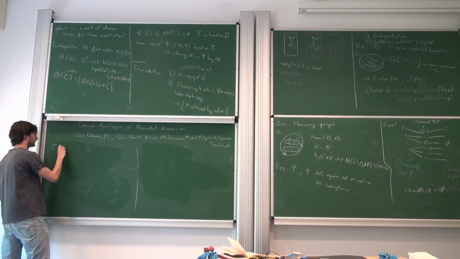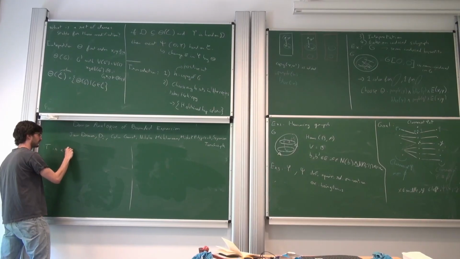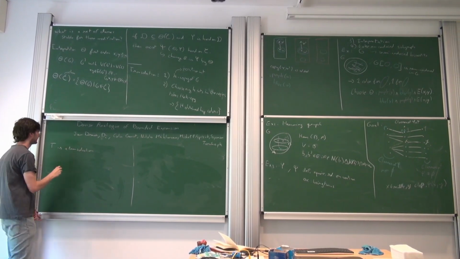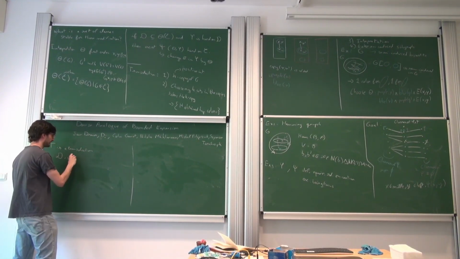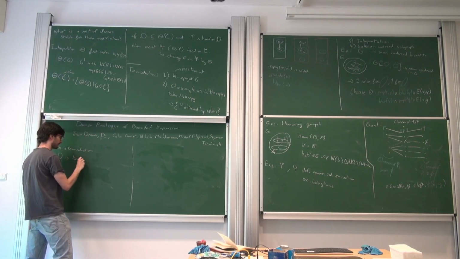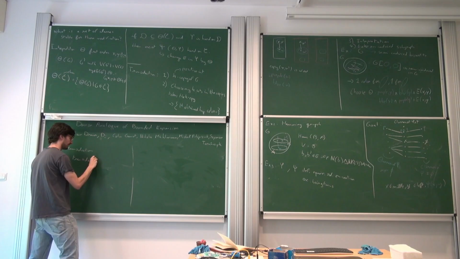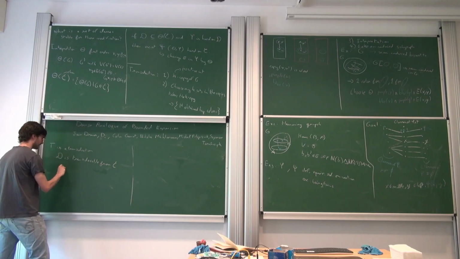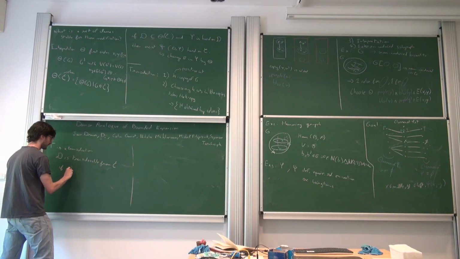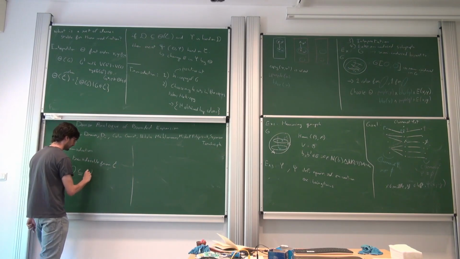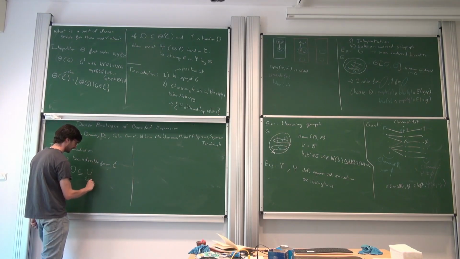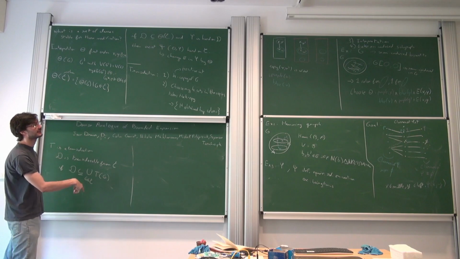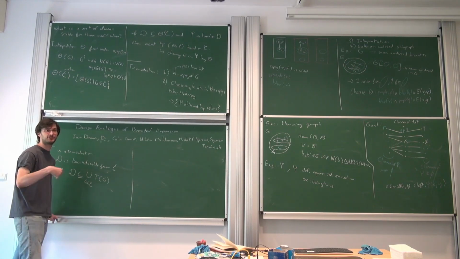So if T is a transduction, then we say that D is transducible from C if D is included in the union on the graphs of C of the transduction of G. So each graph of C will give us a set of graphs depending on the colorings.